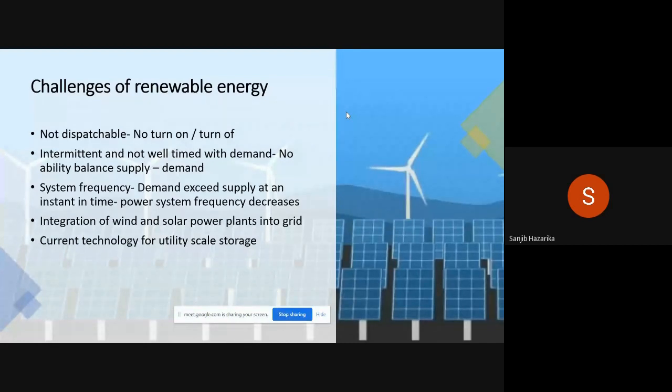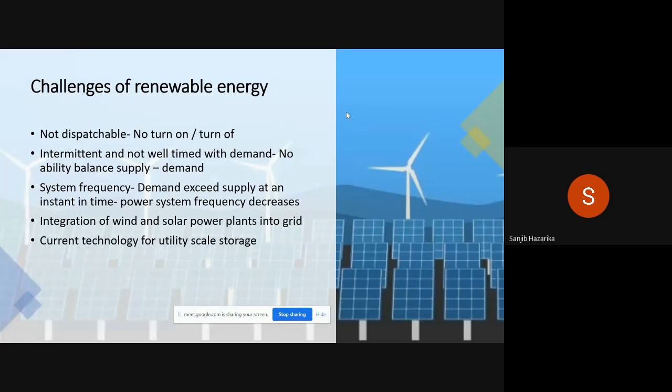One is that it's not dispatchable, so we cannot turn renewable energy on or off whenever we want. Second is that it's intermittent and not well timed with demand. Demand changes over time, even within a day: morning demand may be different from evening. Then we have other technical challenges like system frequency, demand exceeding supply, those kinds of things.